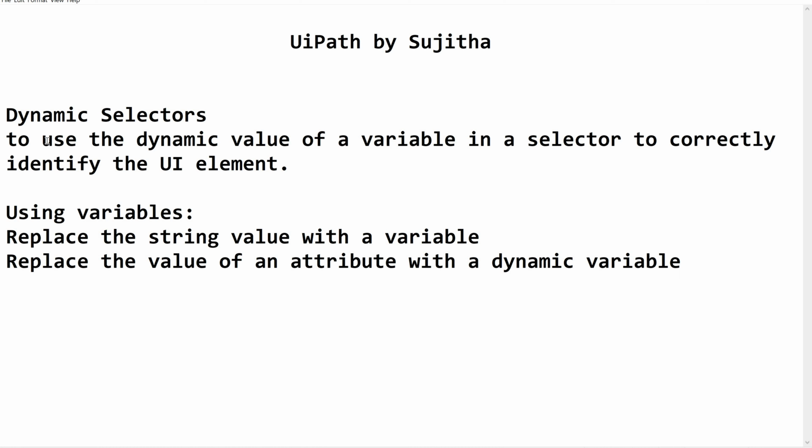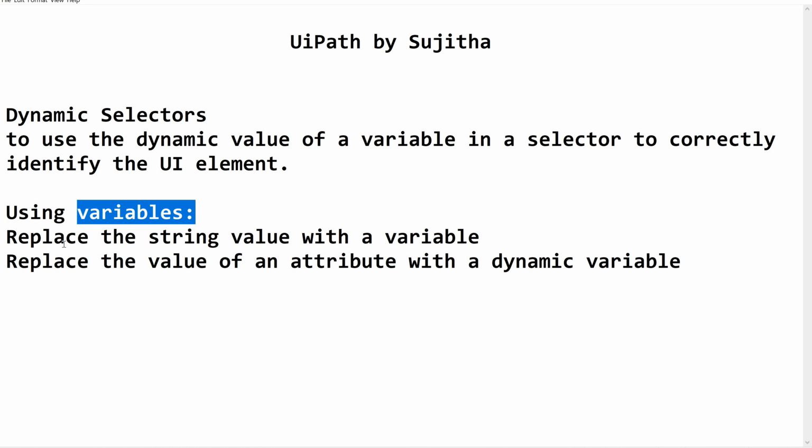Dynamic selectors. Dynamic selectors are when we use the dynamic value of a variable, dynamic in the sense that it keeps on changing, right? We use the dynamic value of a variable in a selector to correctly identify the UI elements. So this is what is called dynamic selectors. Now, how are we going to make the selectors dynamic?